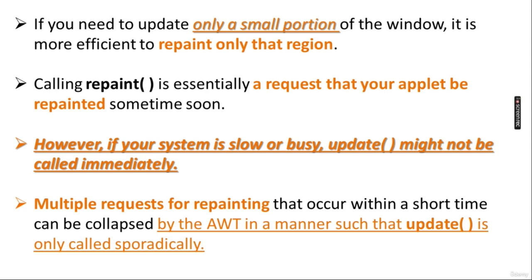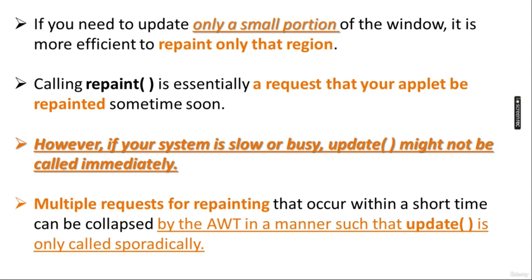Your program will call the repaint or paint method internally, but it is not compulsory that it will be repainted as soon as you call repaint. It may take time. Multiple requests for repainting that occur within a short time can be collapsed by AWT in such a manner that update is only called sporadically.